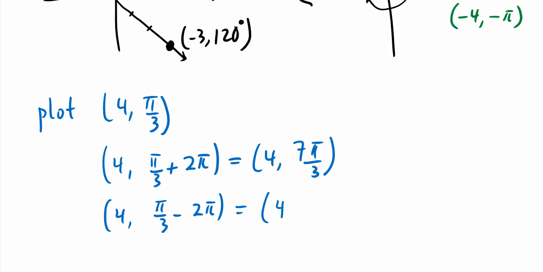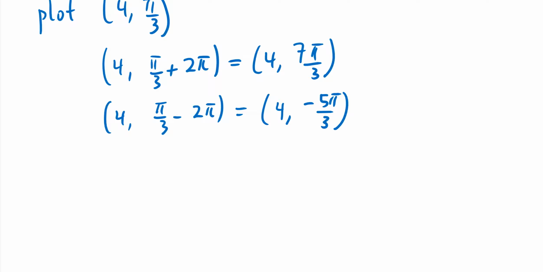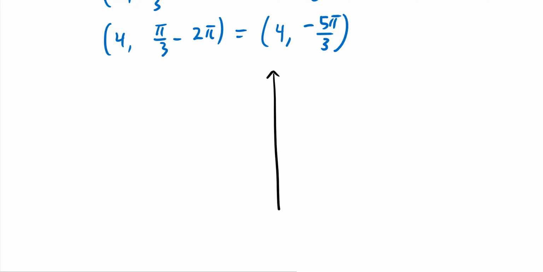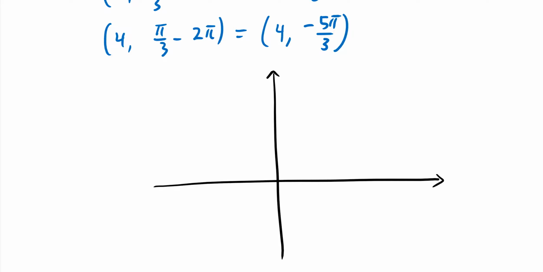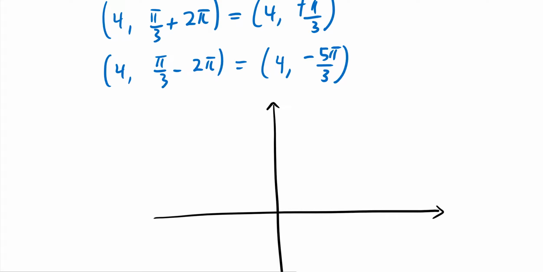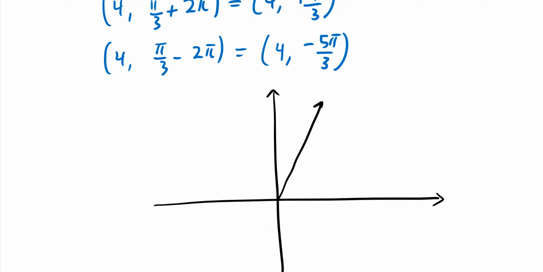That would be 4 comma negative 5 pi over 3. So we get 3 points to plot on the same polar axis. So we have 4 comma pi over 3. Pi over 3 is 60 degrees, and then you go 1, 2, 3, 4. That's the first point, 4 comma pi over 3.